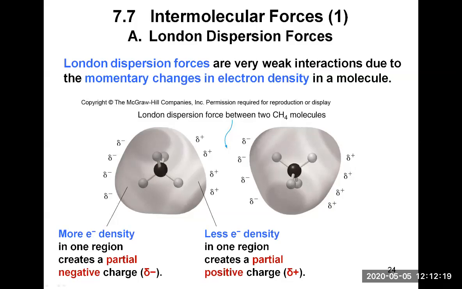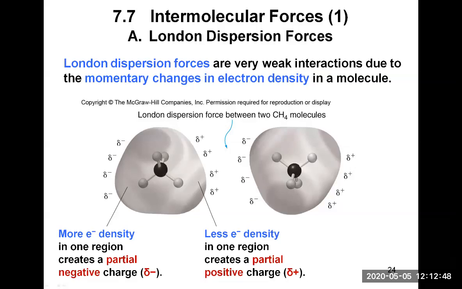And this is symbolized by the delta minus. And then if you have more electron density in that region, that means an opposite area of the electron cloud will be lacking electrons. So on the opposite side, you will have less electron density, and that will create a partial positive charge in that region. And this is symbolized by the delta pluses, which are partial positive charges.